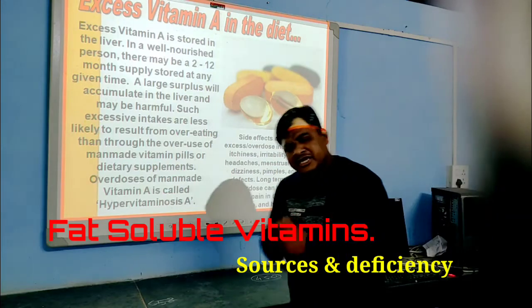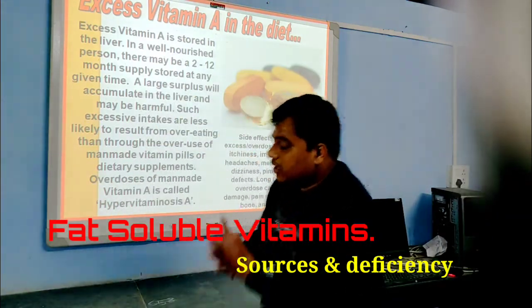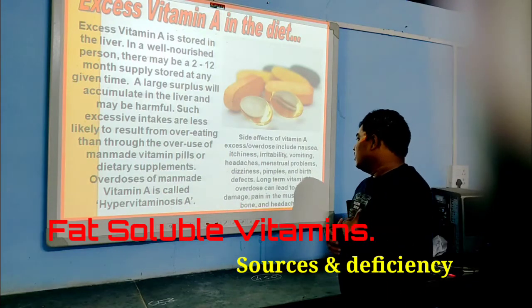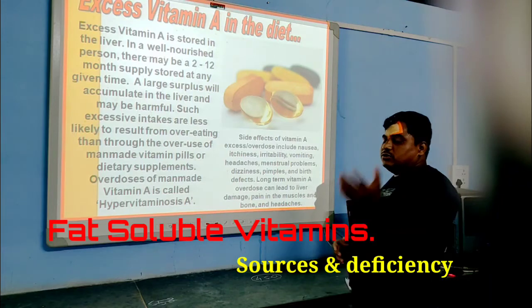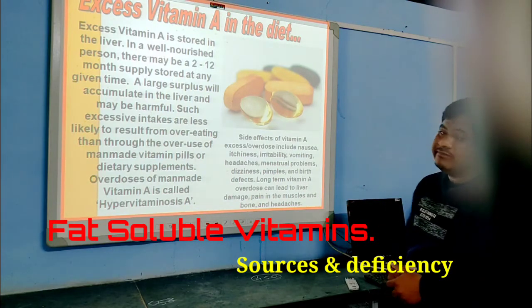Again, if you are continuously taking vitamin A, then in the long term, vitamin A overdose can lead to damage of your liver, or pain in the muscle and bone, and headaches.